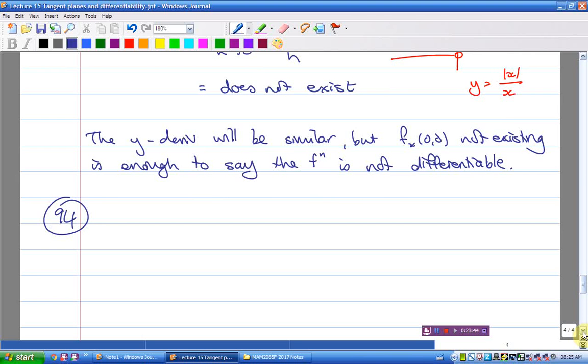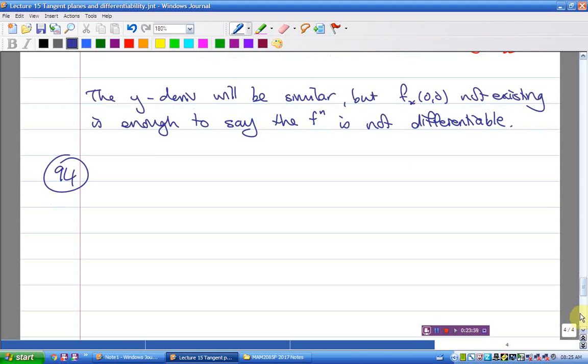Can't find it. Doesn't matter. Anyway, I'm going to solve for my partial derivatives and show that they do exist, but the function is not continuous. So in fact, I could just show that it's not continuous, and then I'd have finished the problem. But I think you could possibly benefit from seeing a little bit more demonstration of first principles partial derivatives.